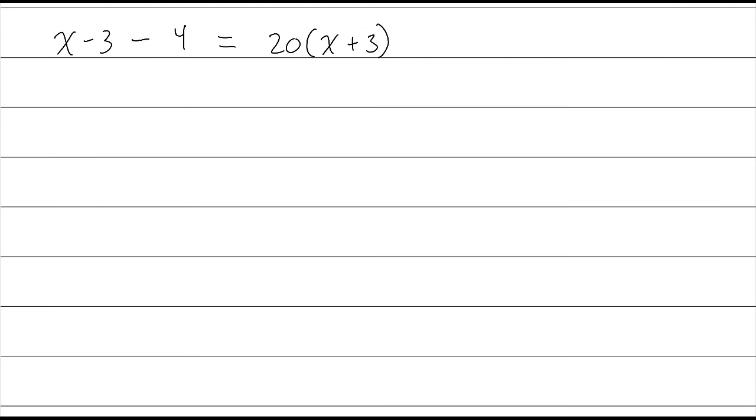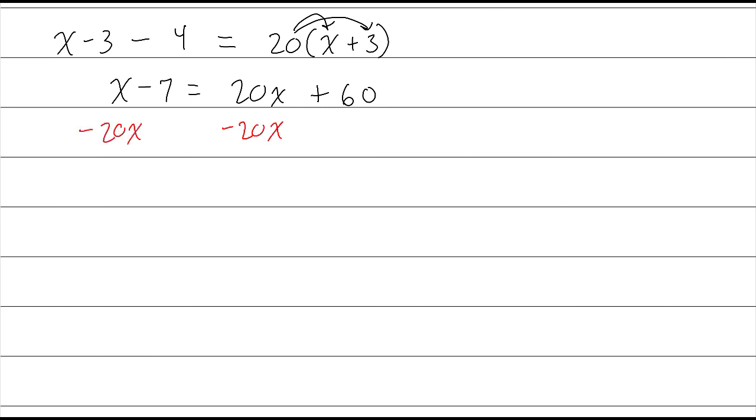Distribute the 20. Well, left side, let's combine like terms first. Negative 3 minus 4 is negative 7. Distribute the 20. Okay, let's subtract 20x from both sides.